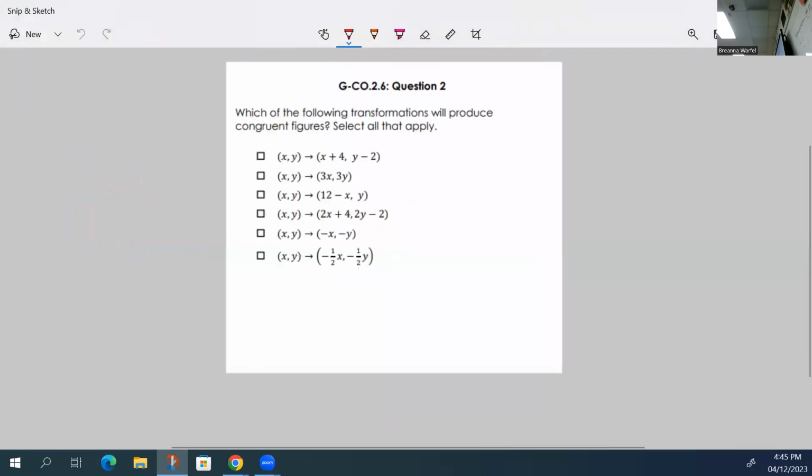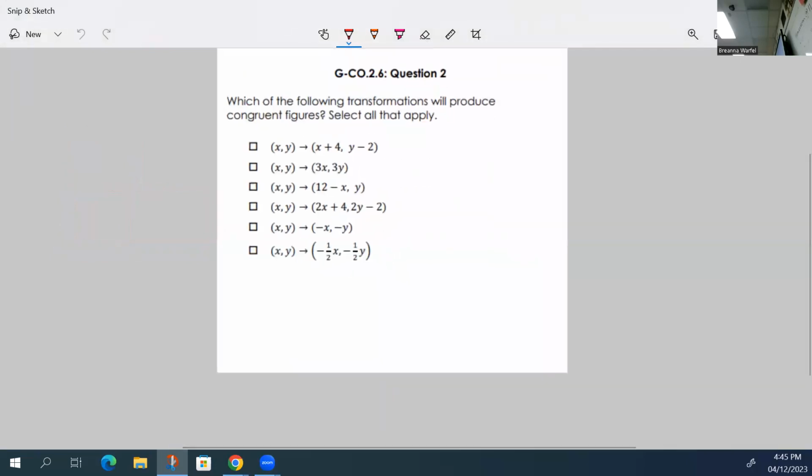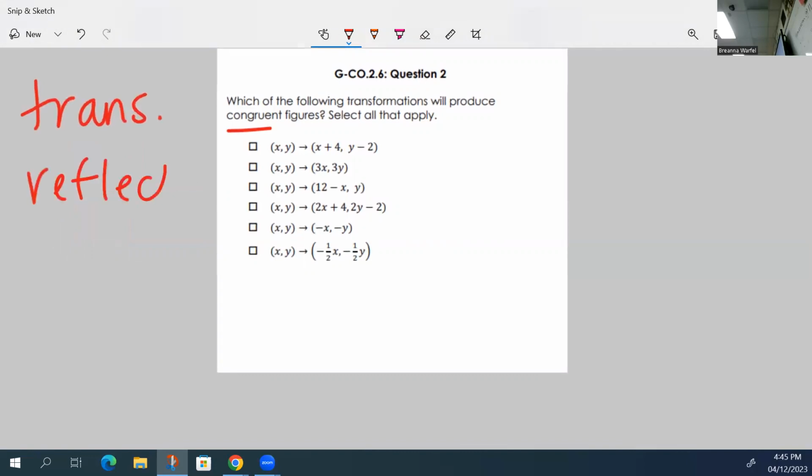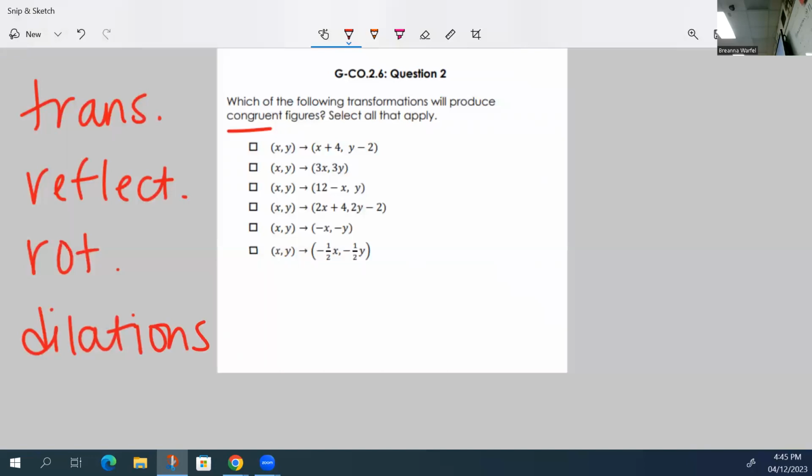Okay, so number 10. Which of the following transformations will produce congruent figures? So this is important. We have translations, reflections, rotations, and dilations. Translations are a slide. This keeps the figures congruent.